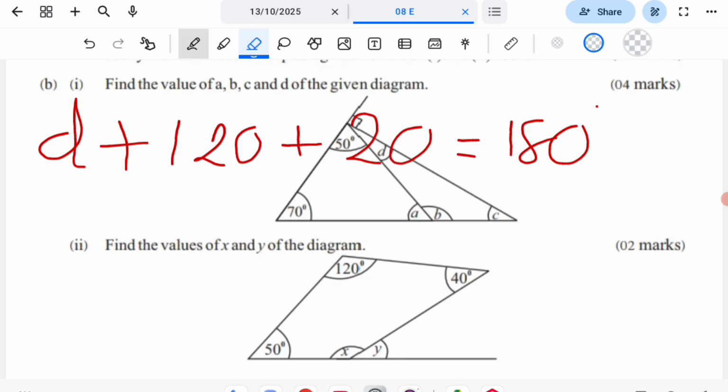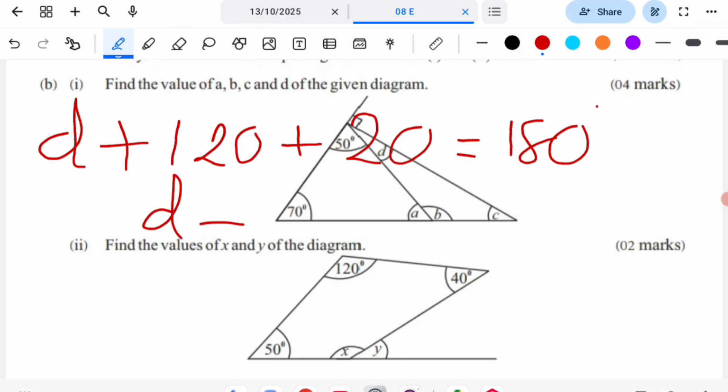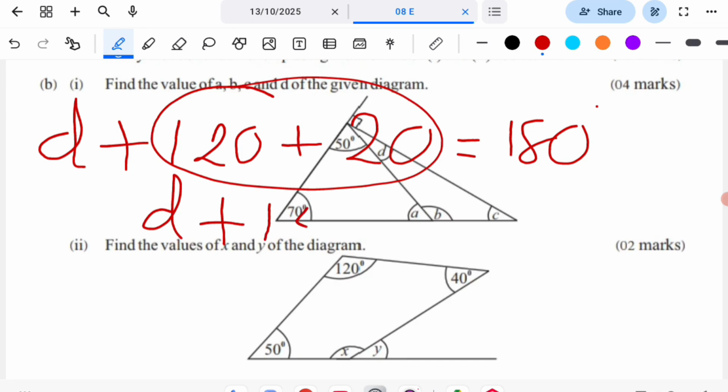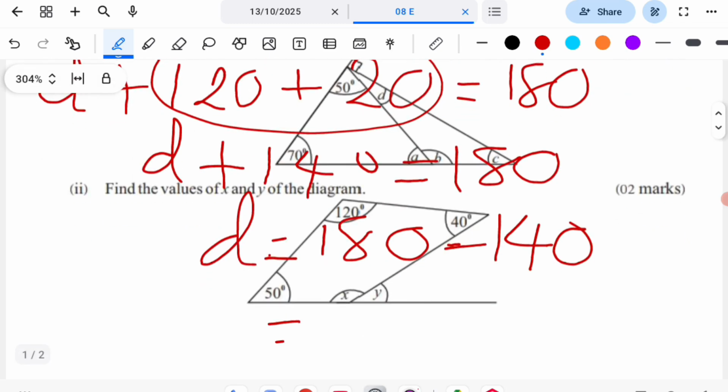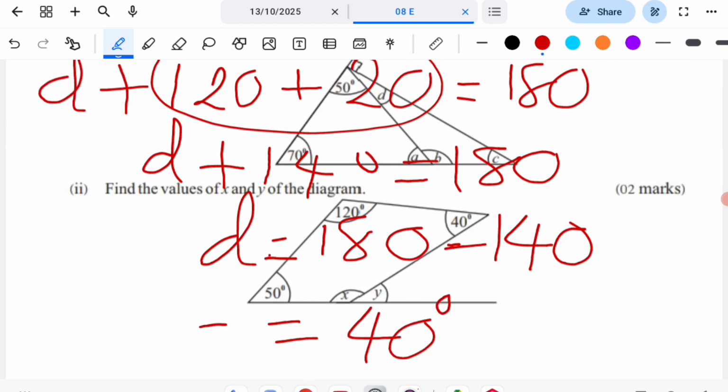Then d plus, we add these two values, 120 plus 20, 140, equals 180. The d value is 180 minus 140. We have to bring 140 to the right hand side as a minus term. Then 180 minus 140 is 40 degrees. Then the d value is 40 degrees.